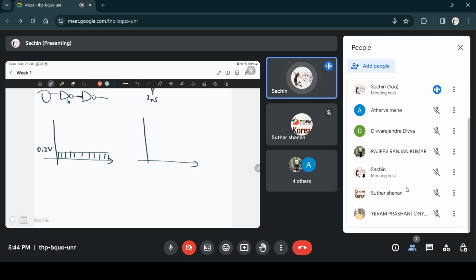But for the second NOT gate, anything below, let's say 1 volt, which is VIL, 1 volt, it will consider as a low value. So according to the second guy, anything below 1 volt is low. But whenever the first guy wants to give a low output, it will only give you something below 0.2 volts.